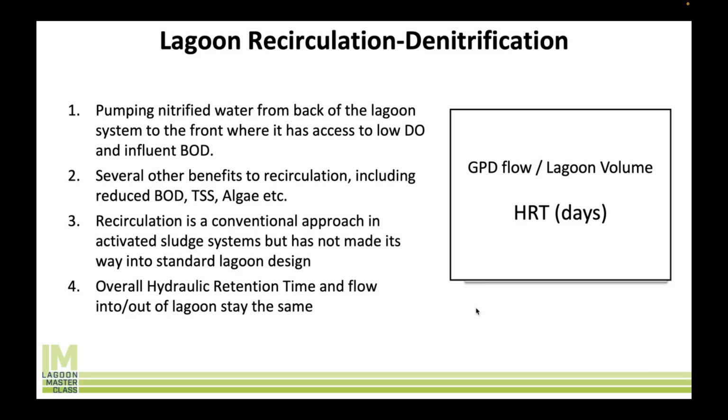And when we recirculate, we're not increasing the influent flow, and we're not decreasing the lagoon volume. We're not doing any of the above. We're just moving water from within the plant to a different location and sending it in a circle, right? And so the HRT, or hydraulic retention time, strictly speaking, remains exactly the same.